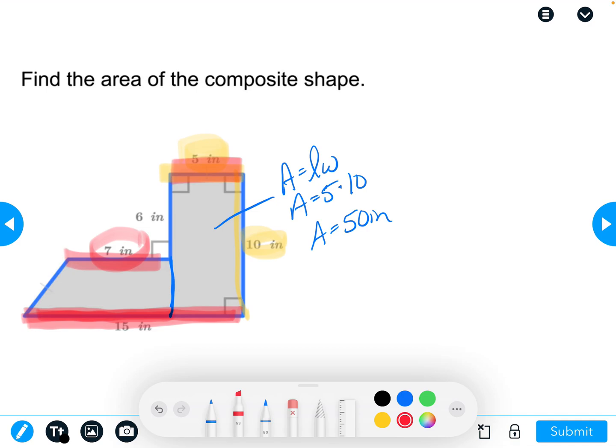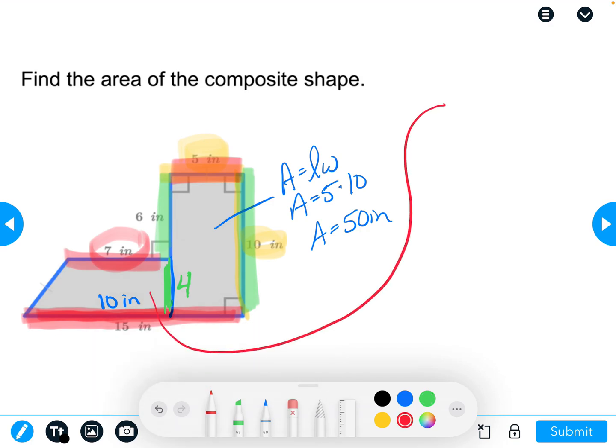So if I subtract the part from the whole, 15 minus 5 gives us a base of 10 inches. We're going to do something similar to figure out the height, which is right here that I put in green. So for that height, I know the entire length over here is 10, part is 6. So 10 minus 6 would give us a height of 4.